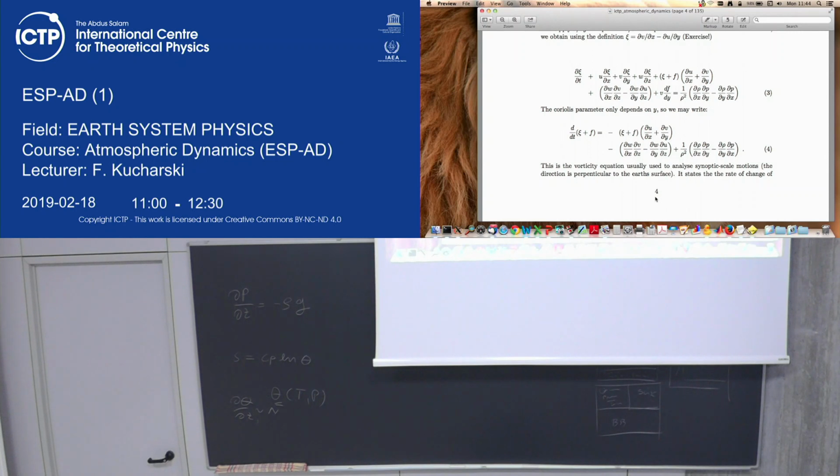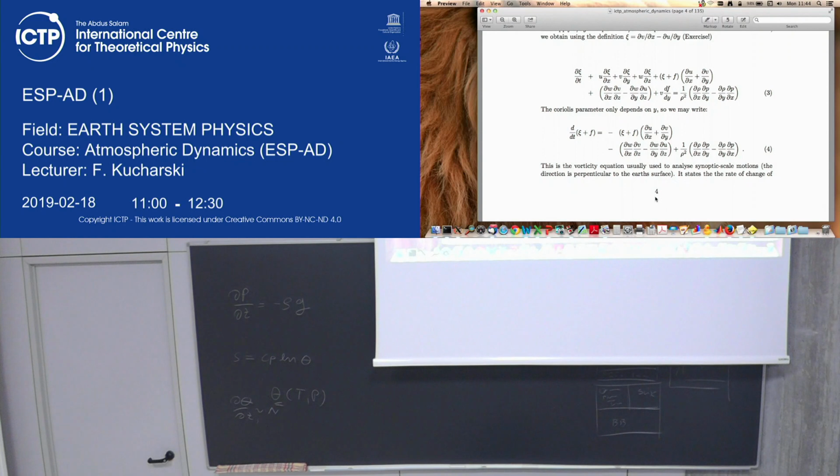This last term here is a real production term. It's called the solenoidal term. And this would be important, it turns out, for the generation of land-sea breeze. So things that you observe in Trieste and other seaside places during the day and during night. It means that lines of constant pressure and lines of constant density have to intersect.